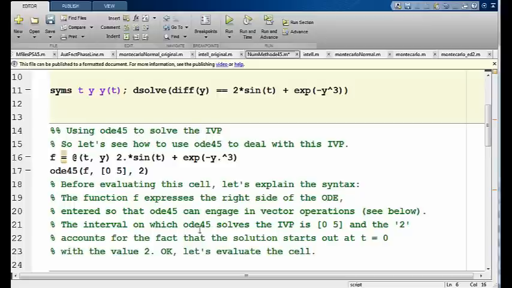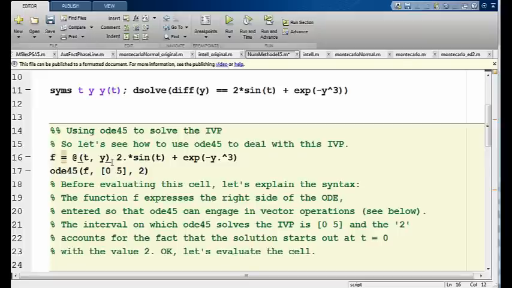You'll see that in a moment. The interval on which ODE45 solves the IVP is 0 to 5, and the 2 is here, which expresses the fact that the initial value at t equals 0 is 2. So it's a slightly unusual syntax. You don't have the 0 and 2 together. This is the interval on which the equation is solved, and this is the initial value of the dependent variable at this value of the independent variable.